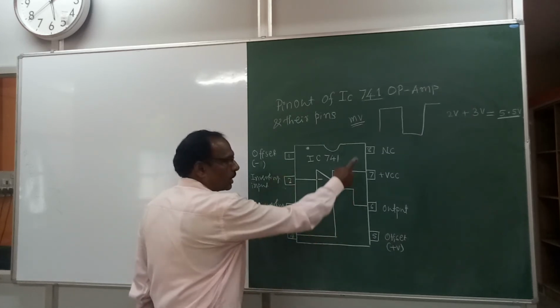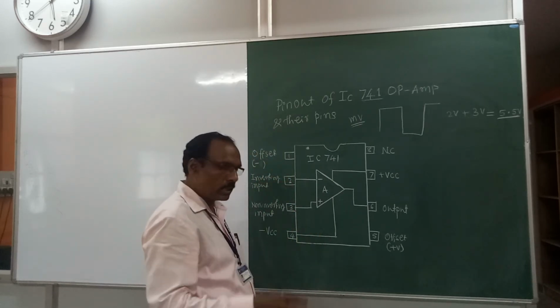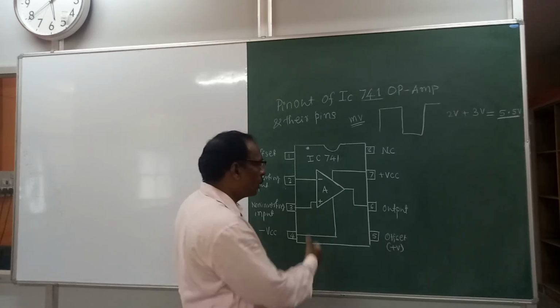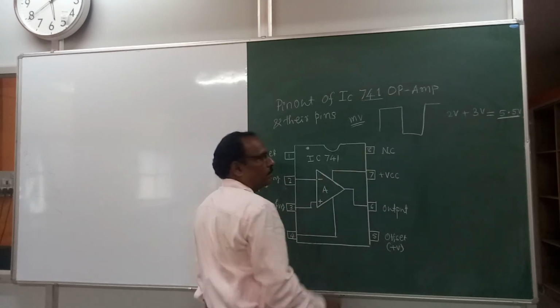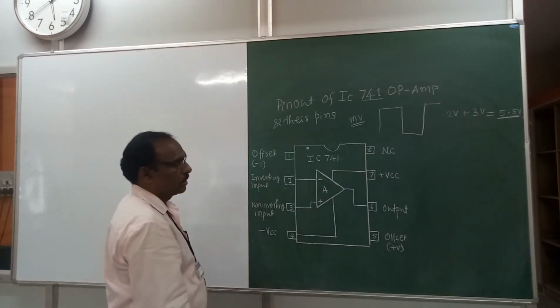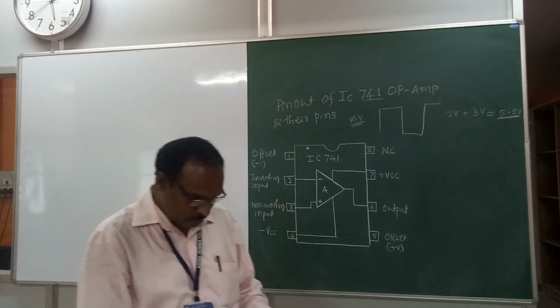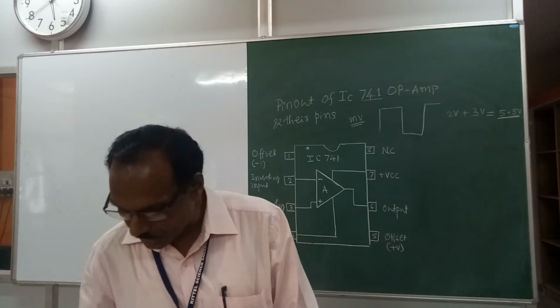So an 8-pin socket will be there, with slots, and you can insert this IC in instruments, or even fix it on the breadboard. So this is a dummy pin, which here is NC, meaning no connection.